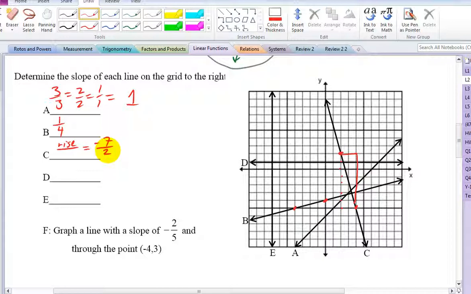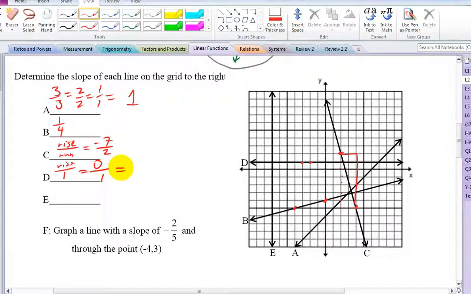Okay. What about D? Here's 2 points on the line. What's your rise? 0. That's important. What's your run? You can call it any number you want. I don't care. You can call it 700.